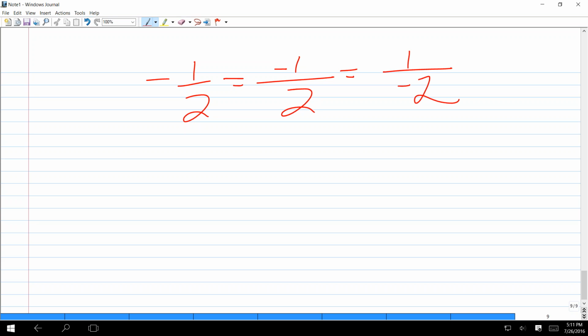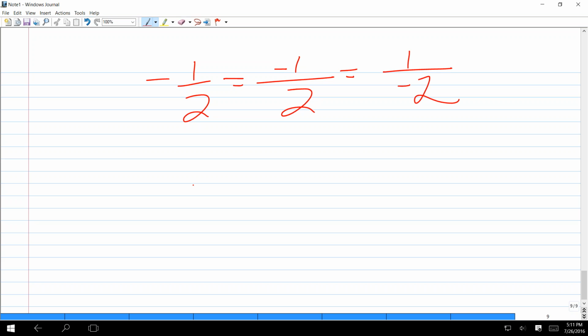Now, let's talk about that for a moment. That is the same as this, which is the same as this. All three of those are identical. So it doesn't matter where your negative sign is.